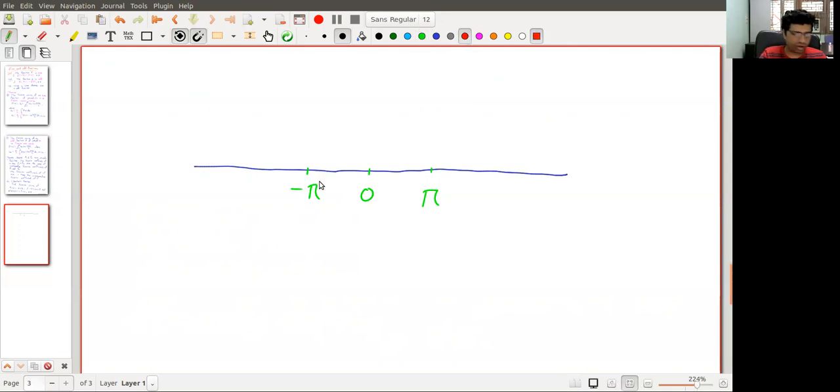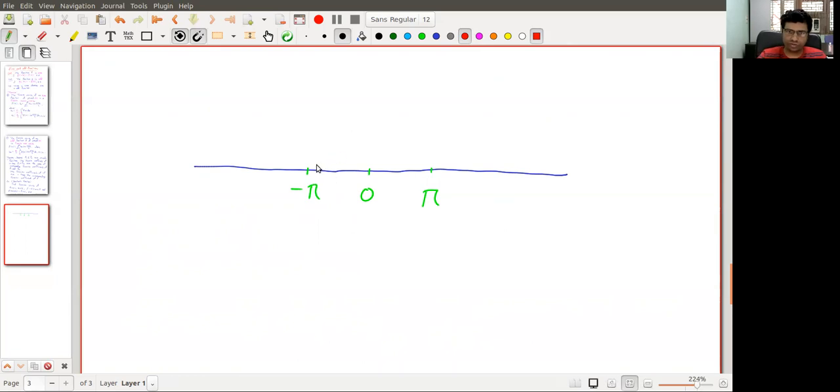Between minus pi and pi, the value of the function is x plus pi. So x plus pi is a straight line, y equal to mx plus c, like that. So m is 1.